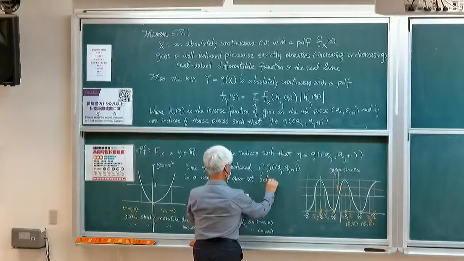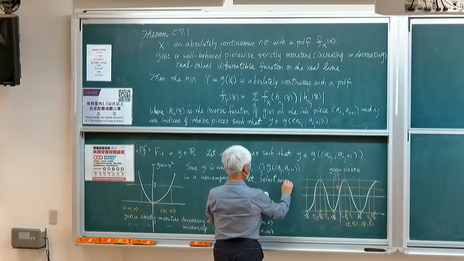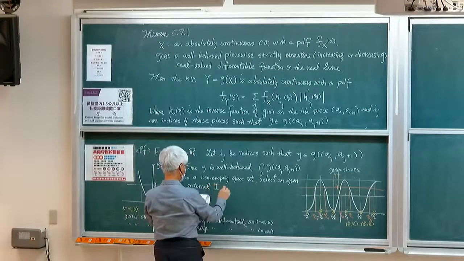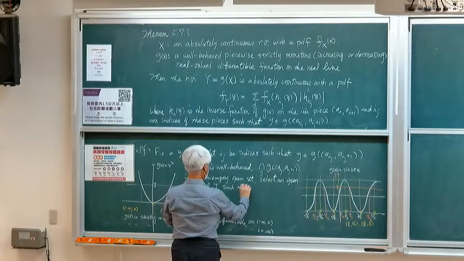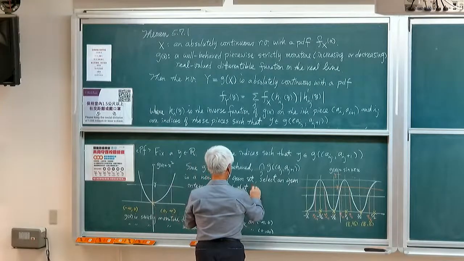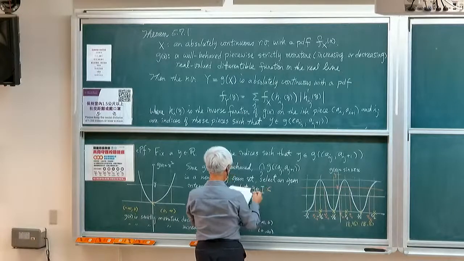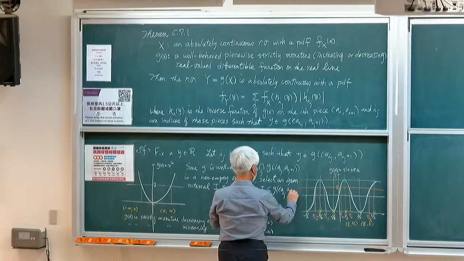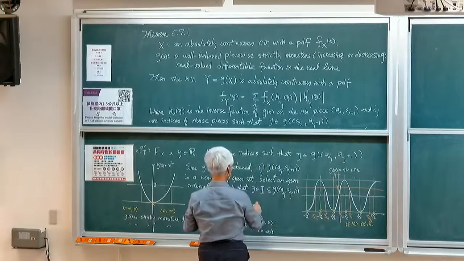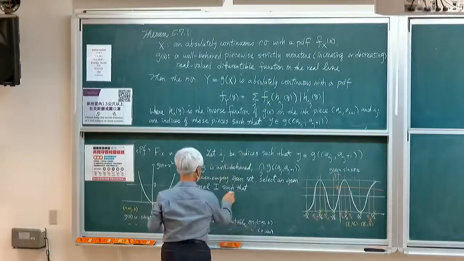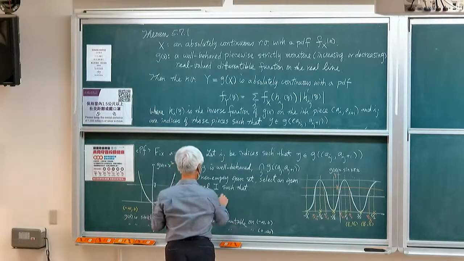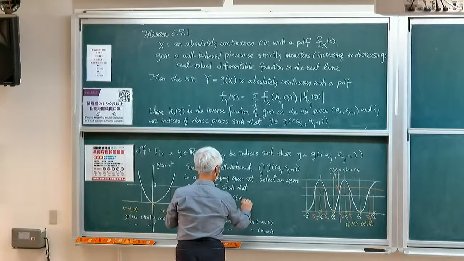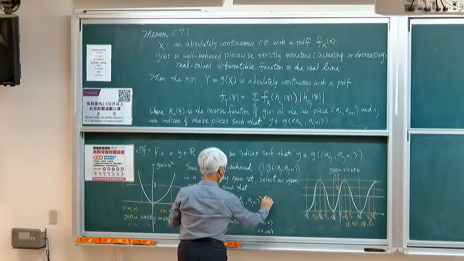So we select an open interval I such that y is in I and I is contained in g of (a_{i_j}, a_{i_{j+1}}) for all j.